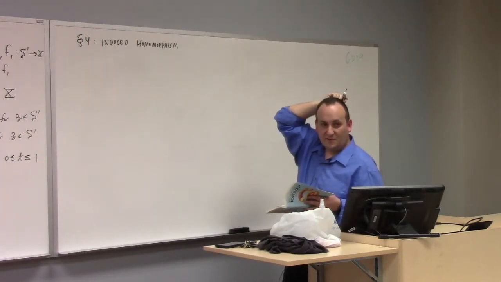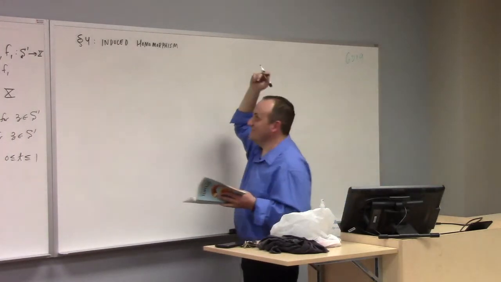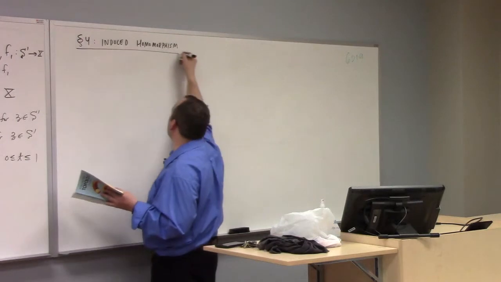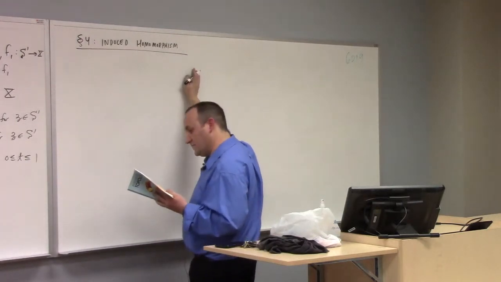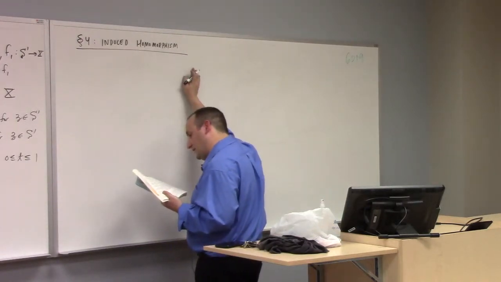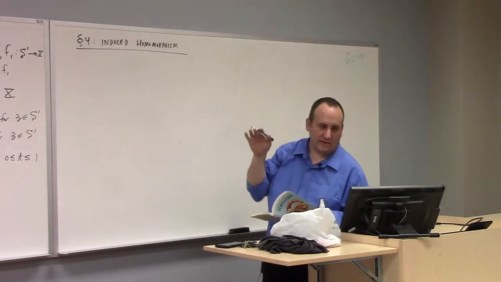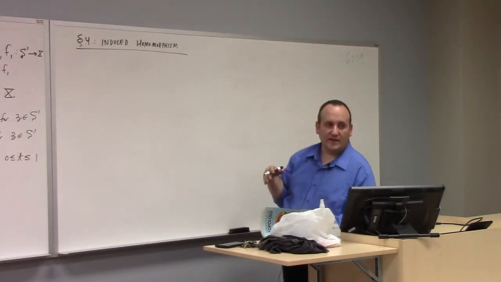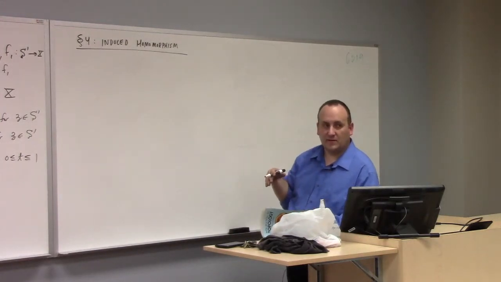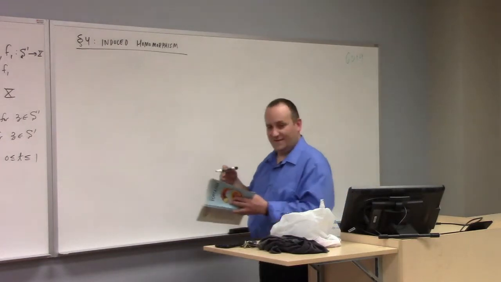As I mentioned before, a surprisingly technical thing to prove. So, induced homomorphisms. All right. This is a good thing for the last 10 minutes of class. This goes back to your question about category theory, Jonathan: when are we going to talk about category theory? The answer to that question is now.